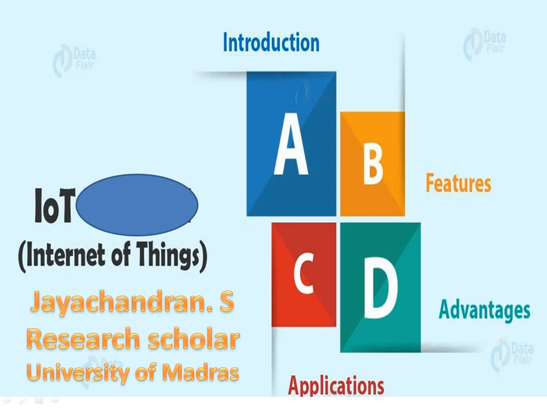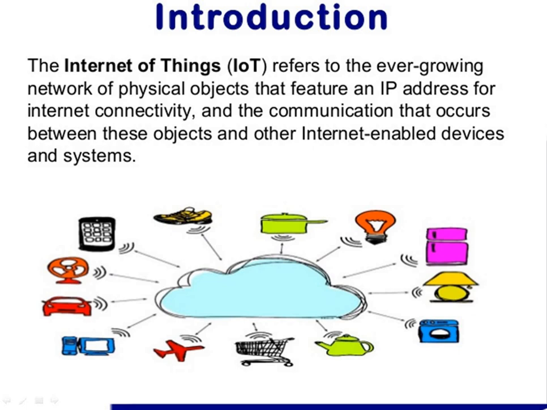What is IoT? Almost every area, every device, and every software are connected to each other, and those devices we can access remotely through a smartphone, a network, or a computer.